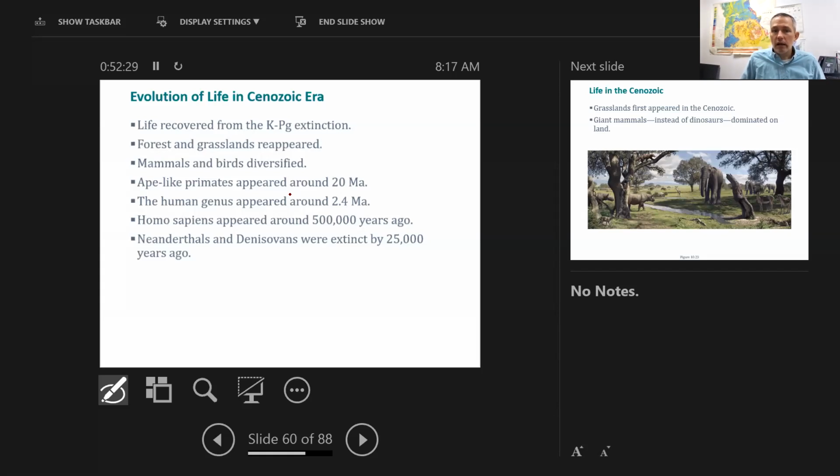We had Neanderthals at the same time as humans, and they were in different parts of the earth, and ultimately, unfortunately for the Neanderthals, we don't see any full Neanderthal populations after about 225,000 years before present.